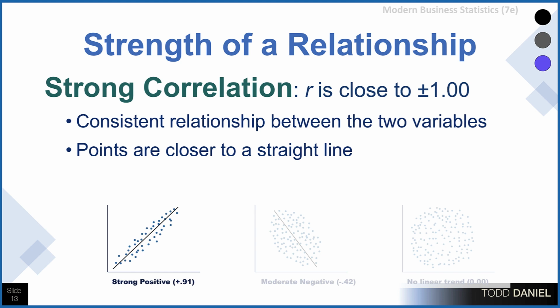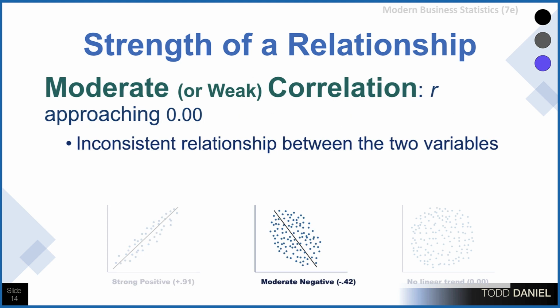A strong correlation has an R value close to either positive 1 or negative 1. There is a consistent relationship between these two variables, and all of the points converge on a straight line. When the relationship grows weaker, those dots move off of the line, or they are further from the line. As our correlation is approaching 0, we have a greater inconsistency in the relationship between the variables.